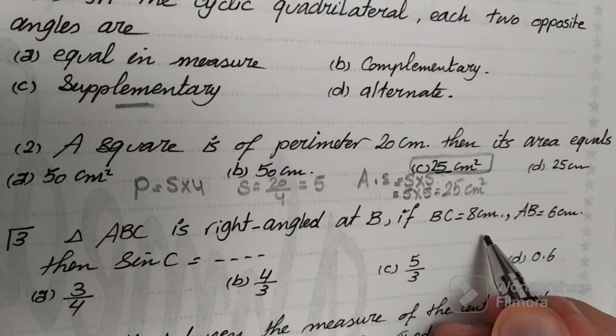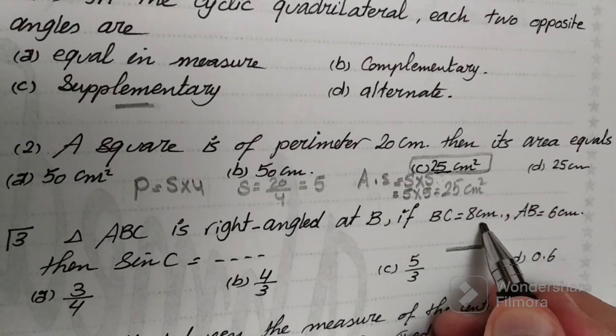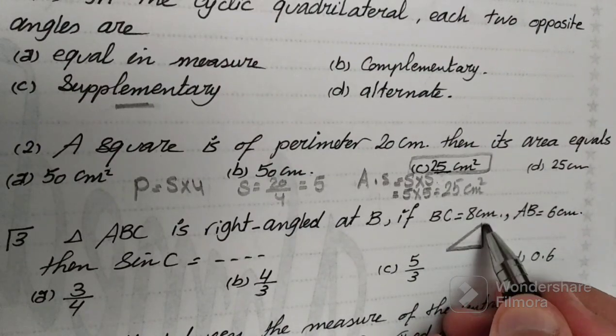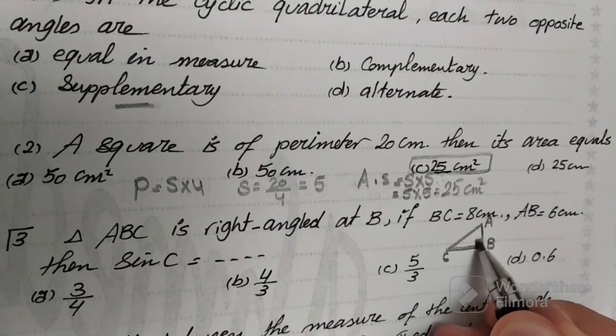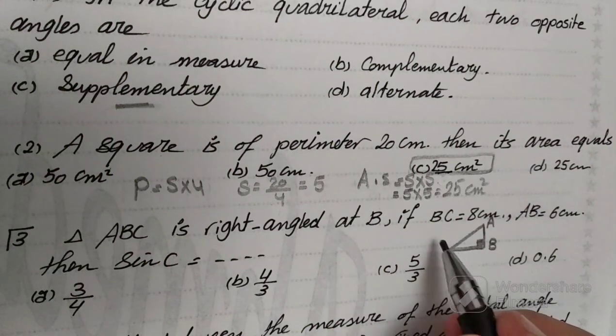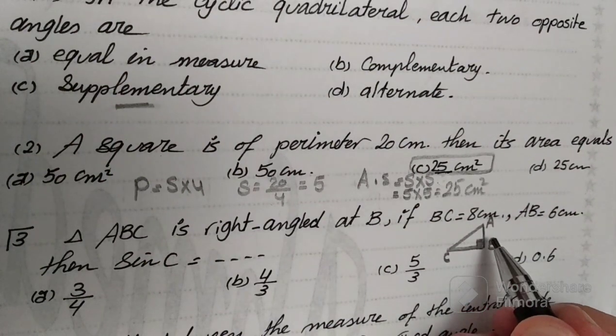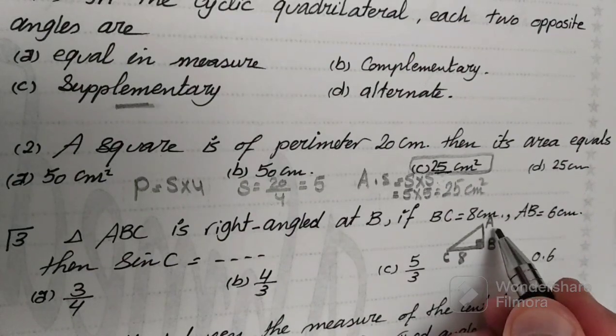Here we must draw a right angled triangle ABC, right angled at B. Put the length of each side: BC equals 8 centimeters, AB equals 6 centimeters.